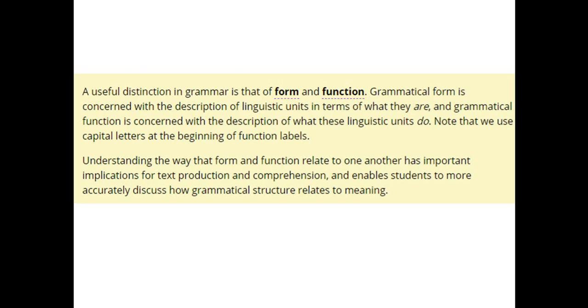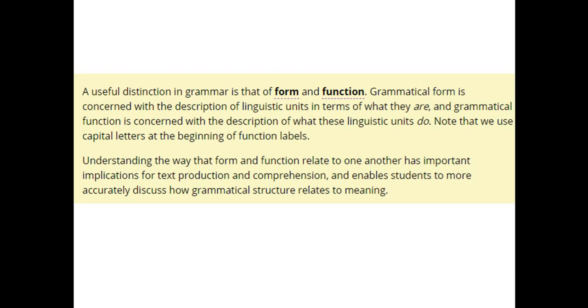A useful distinction in grammar is that of form and function. Grammatical form is concerned with the description of linguistic units in terms of what they are, and grammatical function is concerned with the description of what these linguistic units do.